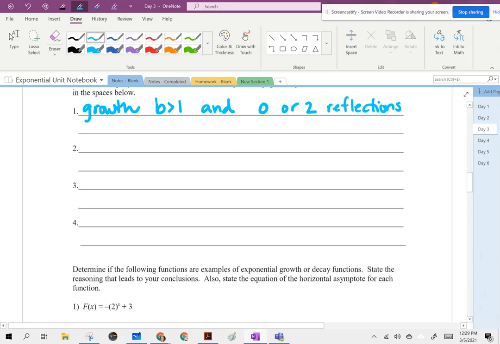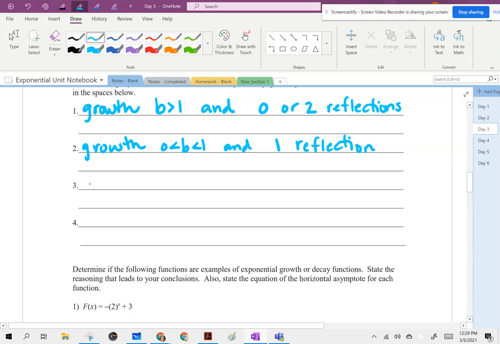Then the other situation is we can have growth where it has a b value between 0 and 1, but it needs to have only 1 reflection. It doesn't matter which one. It just needs to have 1 reflection only.